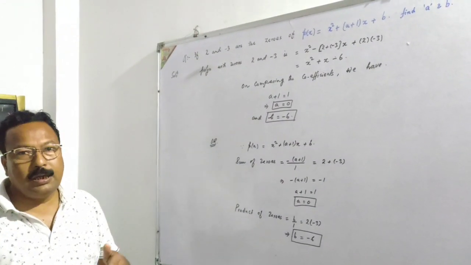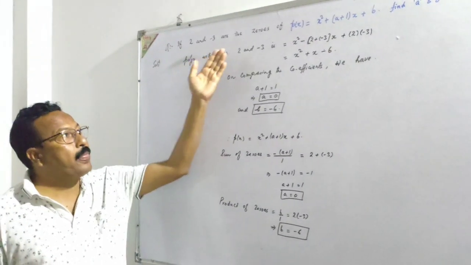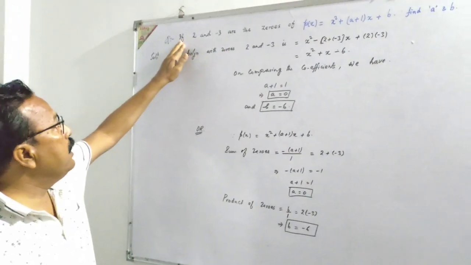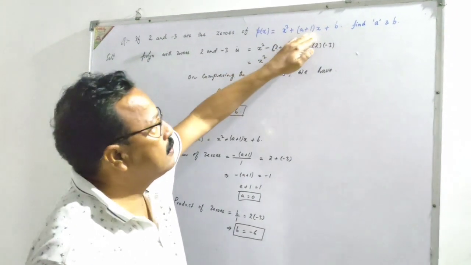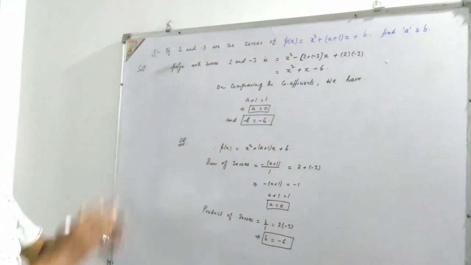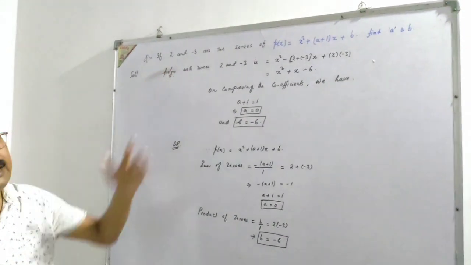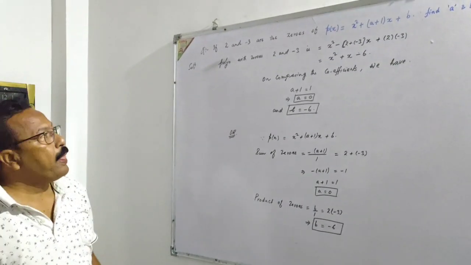Now we are going to take a question from NCERT exemplar. This is the question: if 2 and minus 3 are the zeros of Px, find A and B. We can solve this question in at least 3 ways.